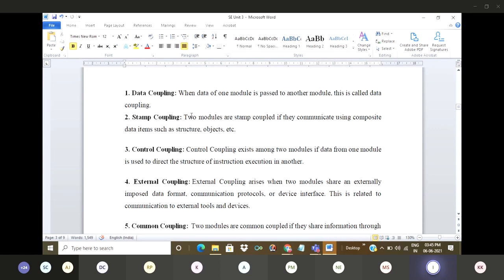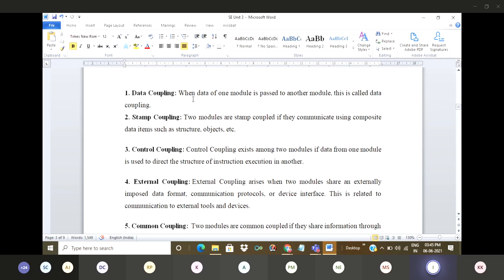The difference is that data coupling is one module's data passed to another module, while stamp coupling uses composite data items such as structures and objects.